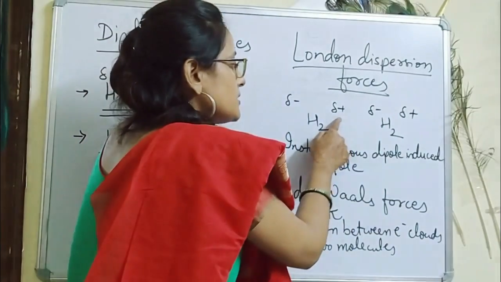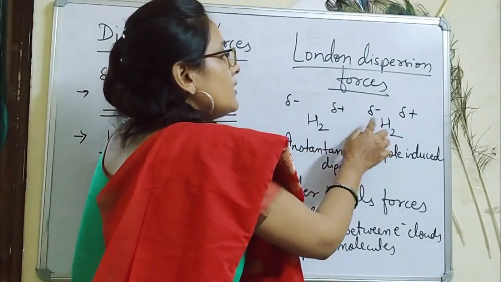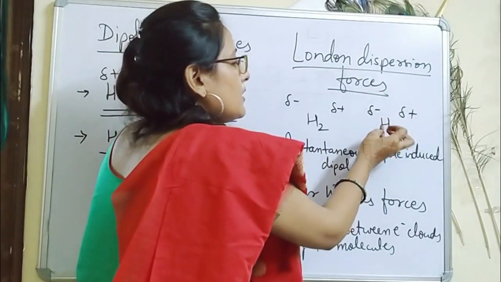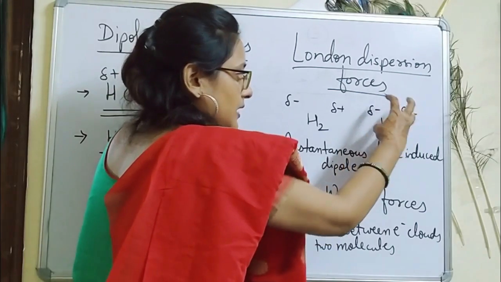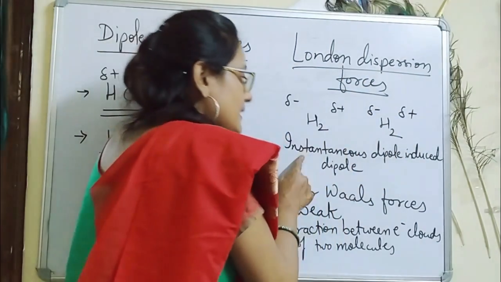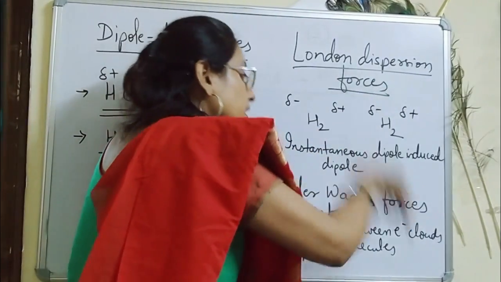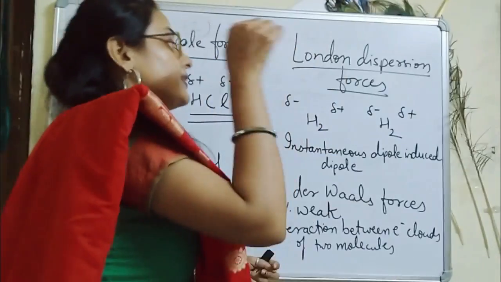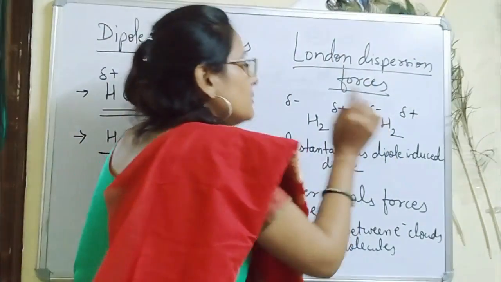That is, the positive end will force the electrons to gather at the other end of this second molecule. So this interaction will be called instantaneous dipole-induced dipole. This instantaneous dipole will induce dipolarity in the other molecule.